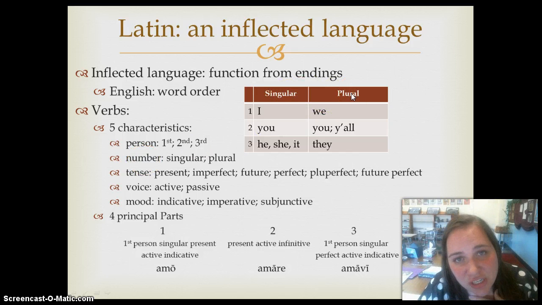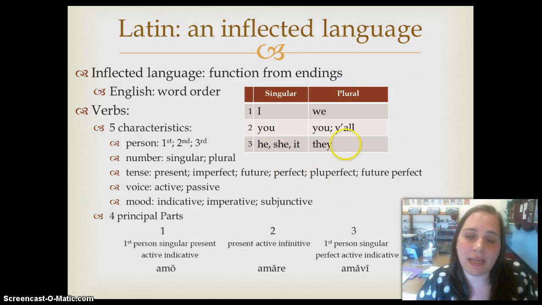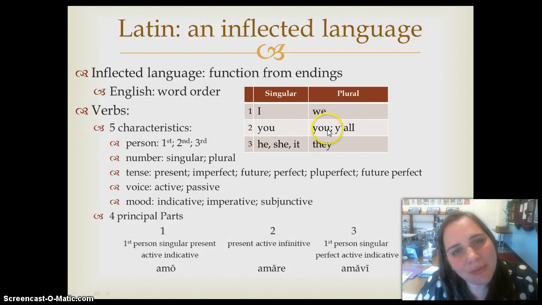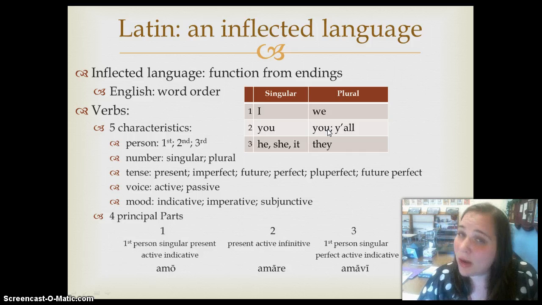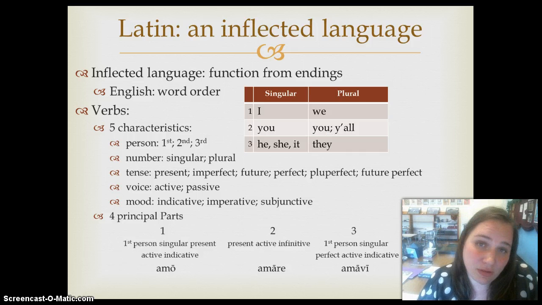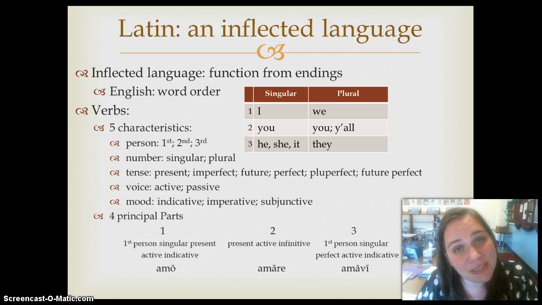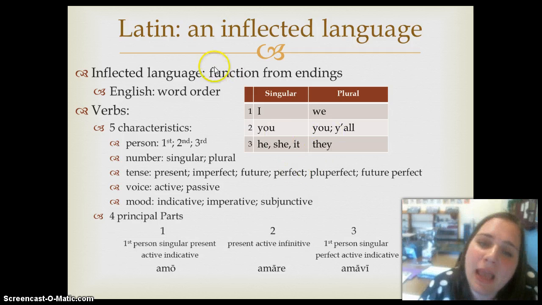Now in English, this is going to tell us the subject of these particular verbs, because any verb that is first person singular is going to have the subject I, first person plural we, second person singular you, second person plural you. But where I come from, it's perfectly acceptable to say y'all as a second person plural, and so sometimes I'm just going to say y'all, so you can tell the difference between a second person singular and a second person plural.